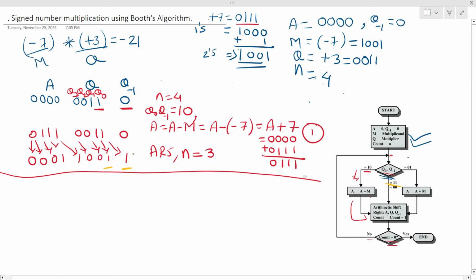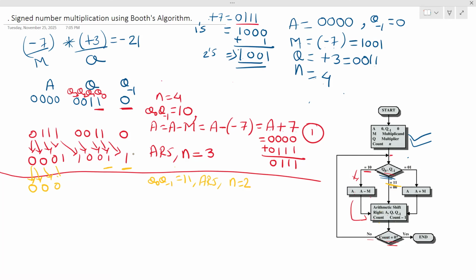As both bits are 1, 1, I need to do an arithmetic right shift and reduce my count. So I will just perform the arithmetic right shift, and now my count will be reduced. To perform the arithmetic right shift, we keep the MSB as it is and all other bits are consecutively shifted towards the right.